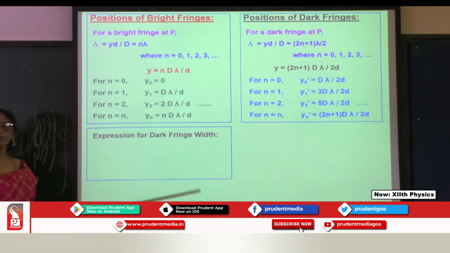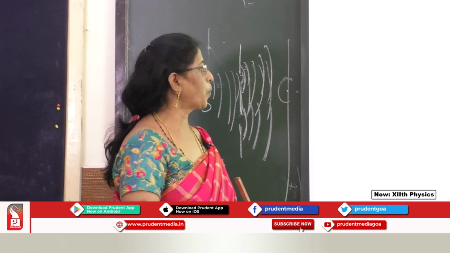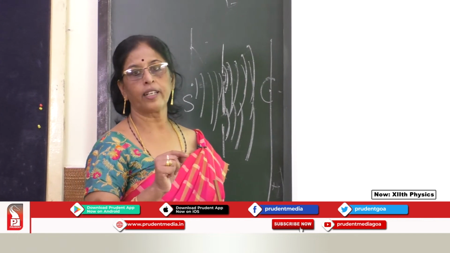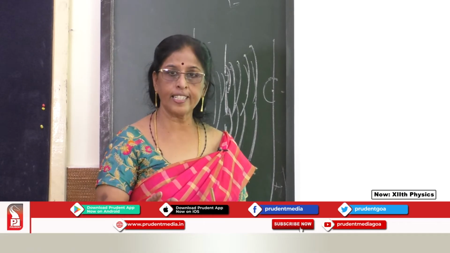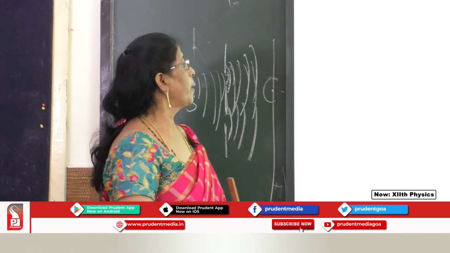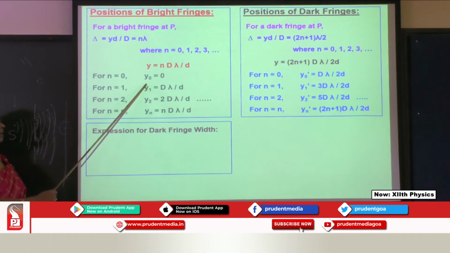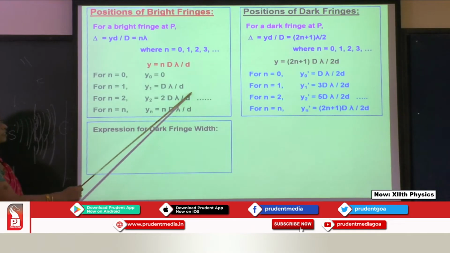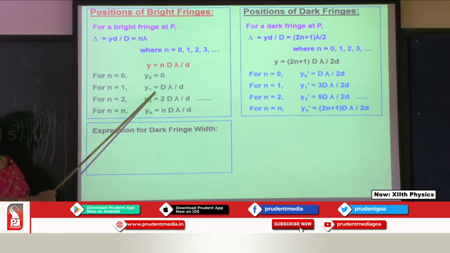Now the next is the fringe width. What is the fringe width? Fringe width is the distance between any two consecutive bright or dark fringes. For example, the first bright fringe is lambda D by d and the second bright fringe is 2 lambda D by d. What is the distance between these two?